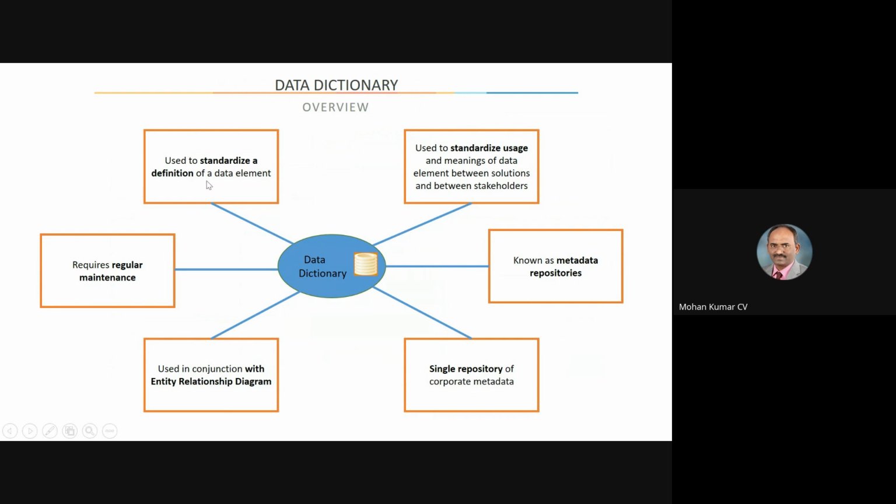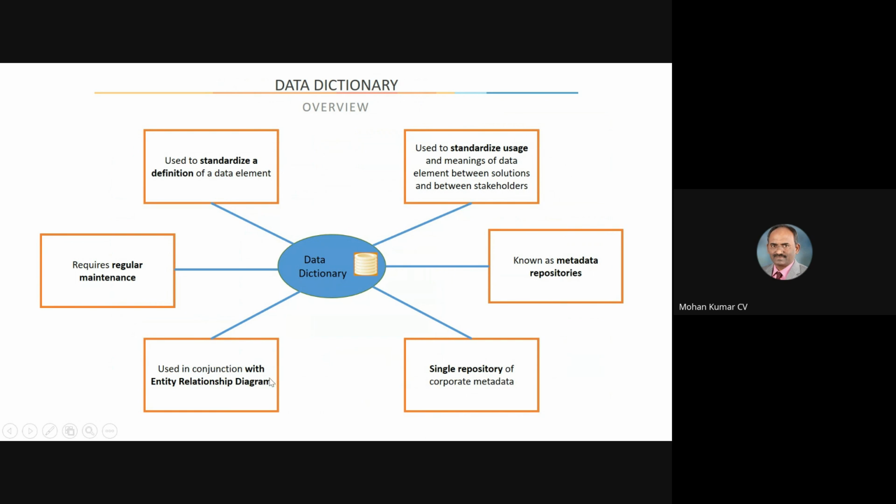A data dictionary is used to standardize the definition of a data element. Suppose you have multiple columns using abbreviations or a naming pattern; the details will be in the data dictionary. It is used to standardize usage and meaning of data elements between solutions and between stakeholders, known as metadata repositories. It is a single repository of corporate metadata used in conjunction with the entity relationship diagram.